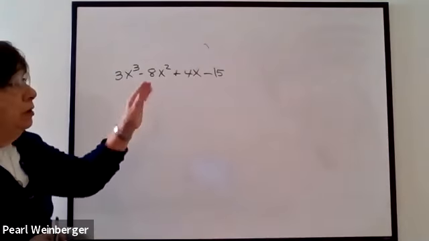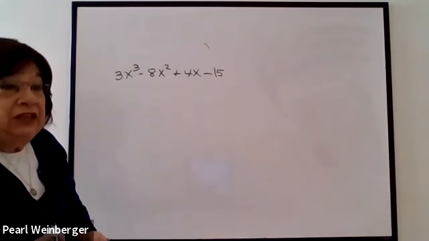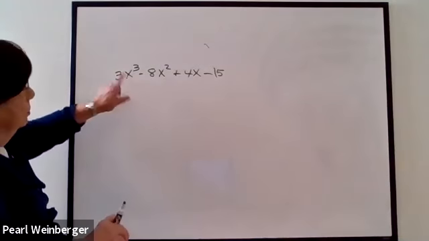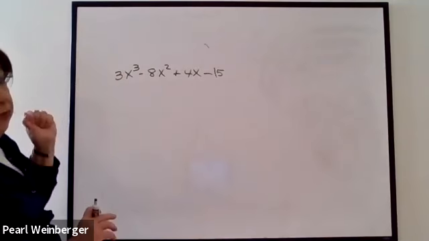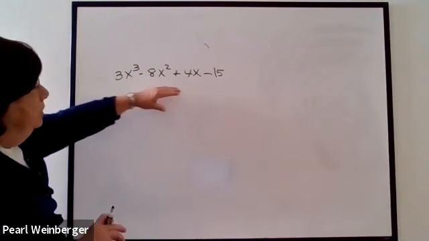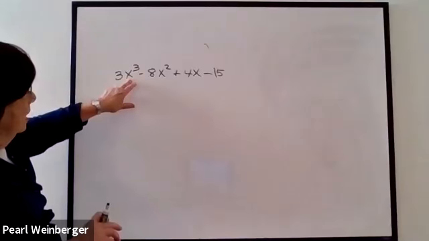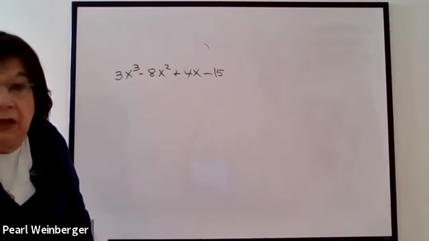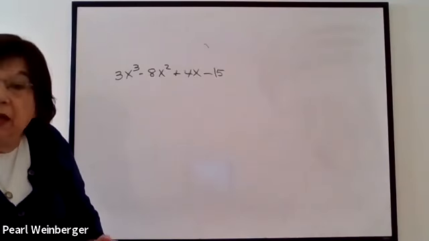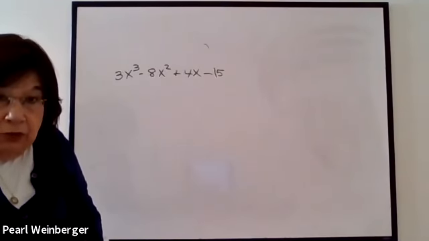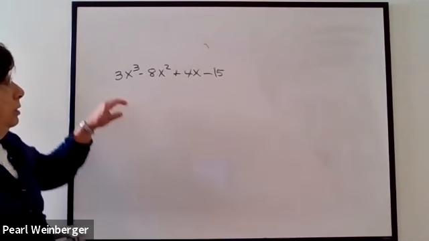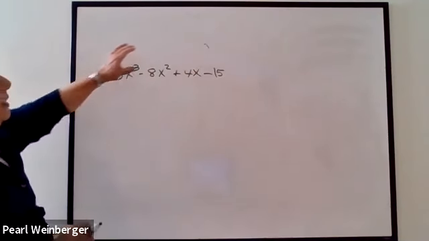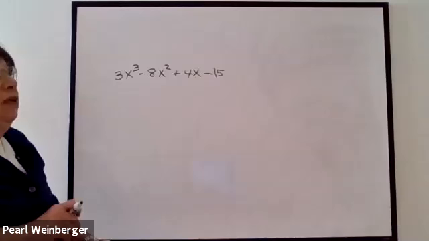Each letter in the term has to be the same, and each exponent on that letter has to be the same. Sometimes we have more than one variable in the same expression. Here we only have one variable, it's an x. This is an x to the third. This is an x squared. They are not like terms because even though they both have x's in them, one has an exponent of 3, one has an exponent of 2. So this expression cannot be simplified any further.